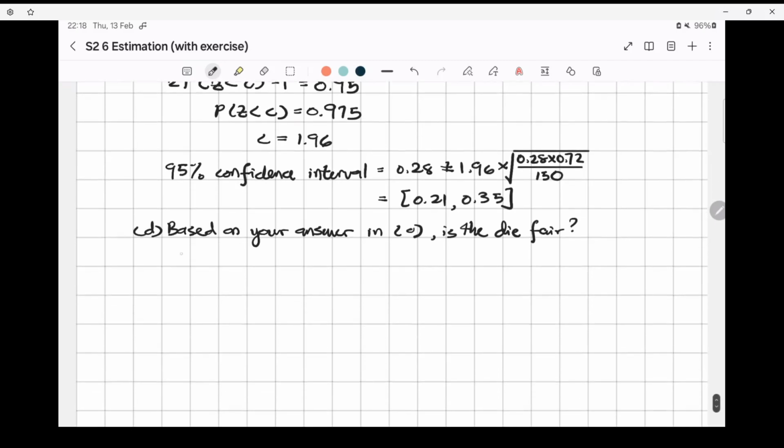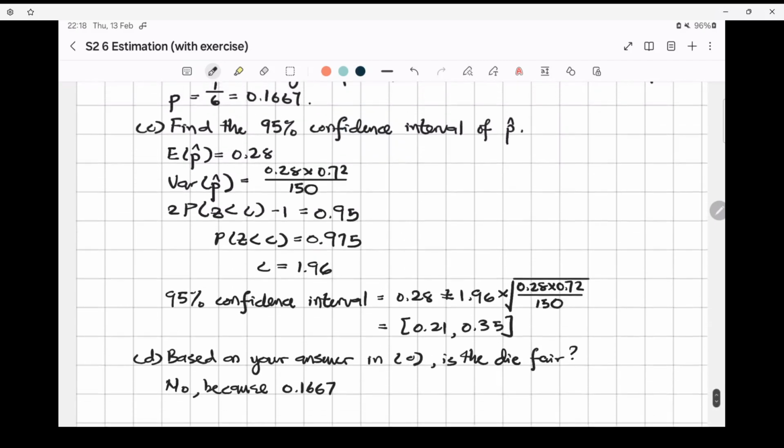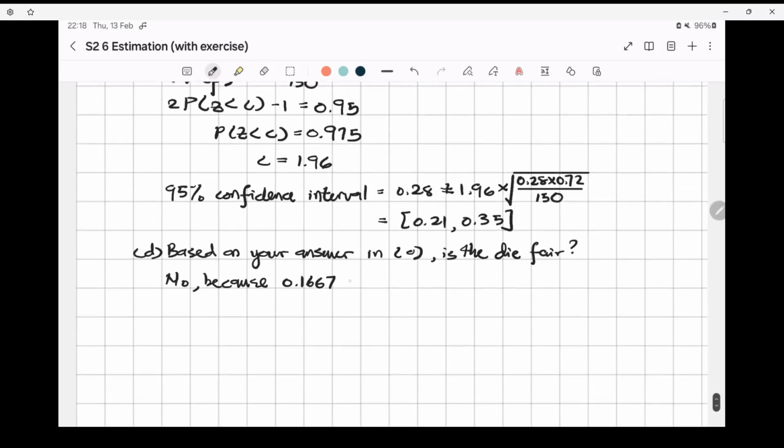So the answer would be no, because 0.1667, which is the requirement for you to expect the die to be fair, this particular value is not within the 95% confidence interval.